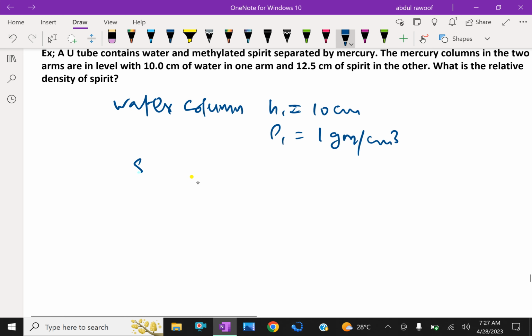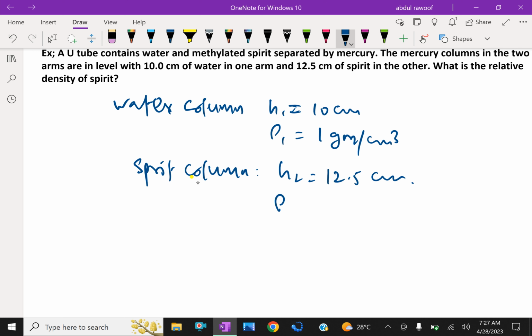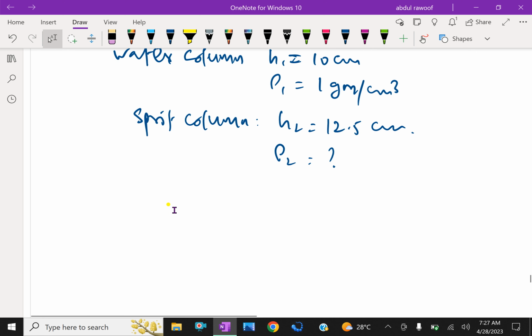For the spirit column, H2 is given as 12.5 centimeter. Density of spirit is what we need to find. Both columns are in equilibrium. Therefore, we can write the pressure is equal on both sides: H1 rho 1 g equals H2 rho 2 g.